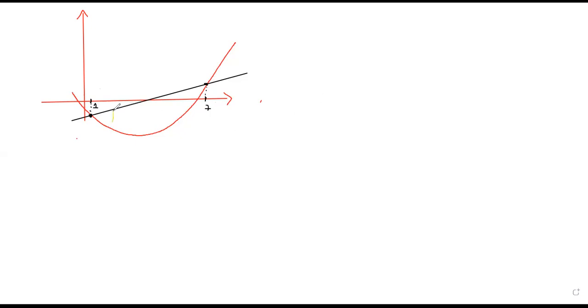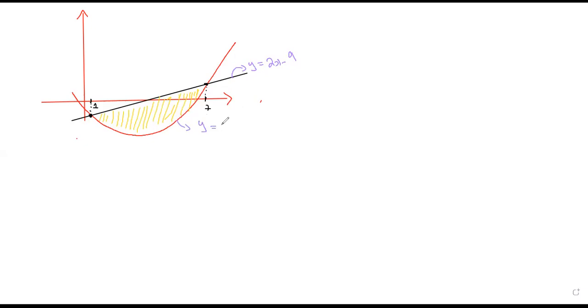And the shaded region is this one. Okay, I'll write down the equations quickly. This is y equals x minus 9.